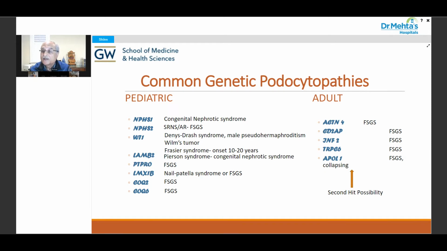The hypothesis, in my view, ought to be that they have these genes, but they require a second hit, whether that is a viral infection or a hemodynamic disturbance, something that activates these genes to lead to either FSGS or other forms of podocyte injury. So what we find as a genetic problem in adults, even though it is there, often we have to look at a second hit phenomenon, whether that's any medication or viral illness. We need to look into those.